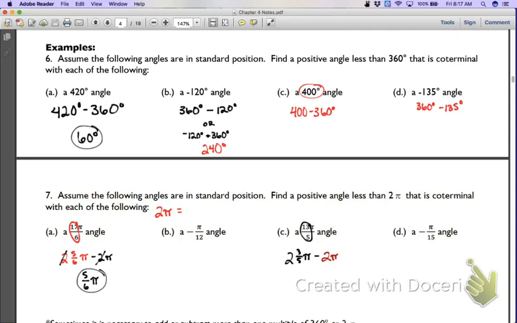So what do I have left? 3/5 pi. Now, whenever it's negative, again, I'm going to do the same thing. What I would suggest to you is I would take your 2 pi, and since it's negative, just straight subtract whatever fraction you have.